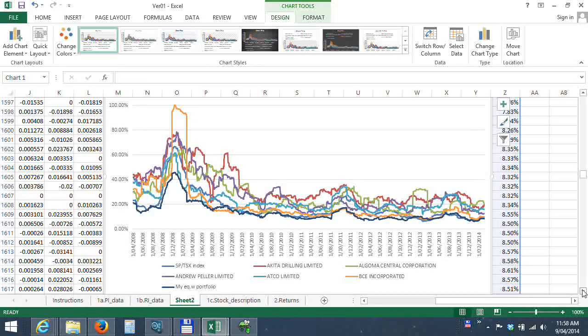One thing you can notice is that each of the individual securities has a higher standard deviation, and the bottom one, which is the naive equally weighted portfolio that I constructed, has most of the time the lowest standard deviation of any individual security and even of the TSX index.